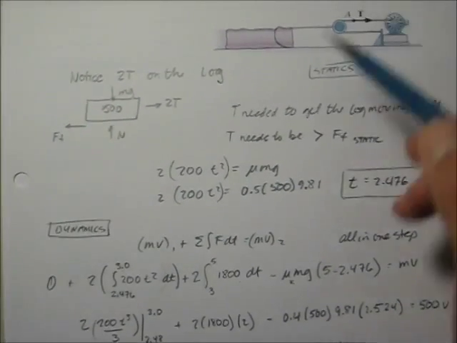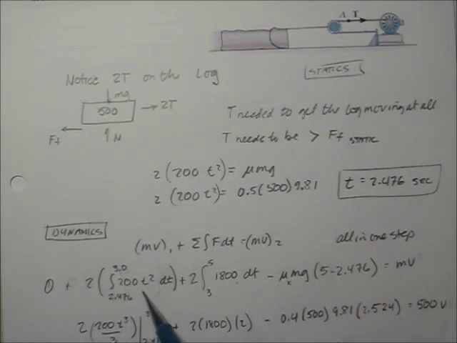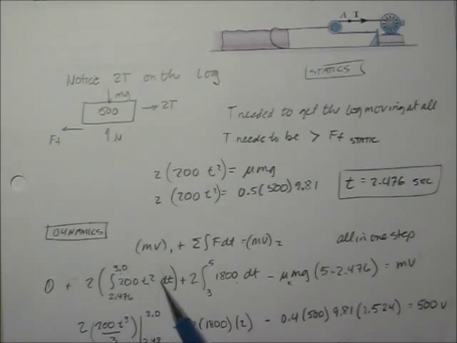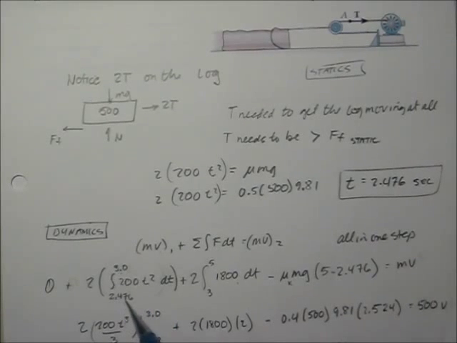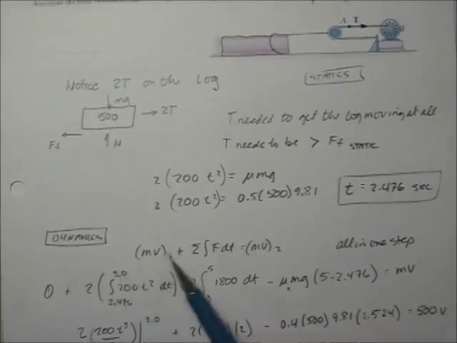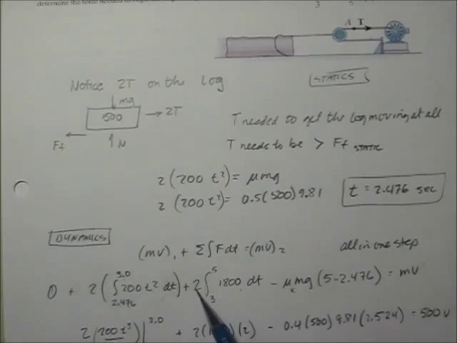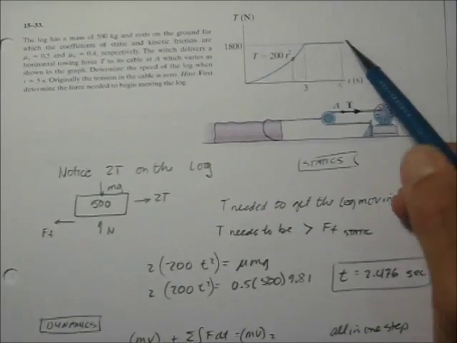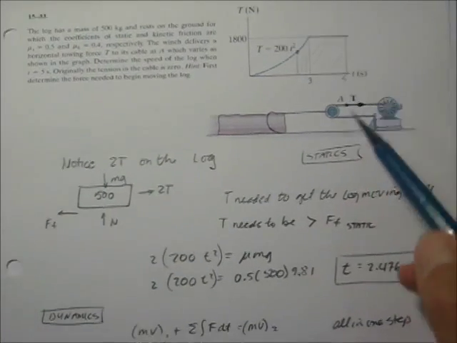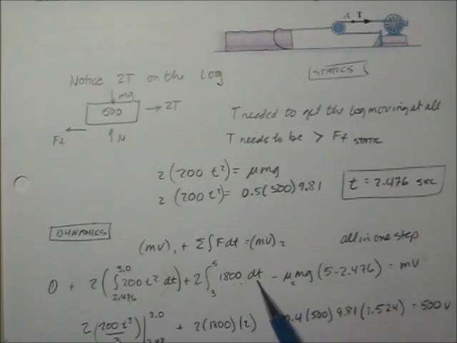So let's integrate the first one. I'm going to say that I have a pulling force of 200t squared dt, integrated from 2.476 to 3 seconds. So that goes from here to here. Then I've also got 2 T's going at 1800 from 3 to 5 seconds. So that's what this one is, 1800 dt from 3 to 5 seconds. I've got 2 T's there.